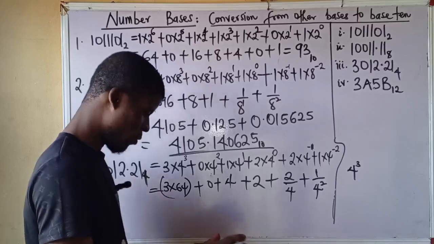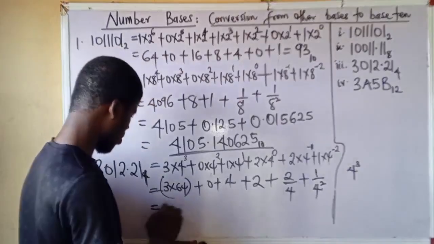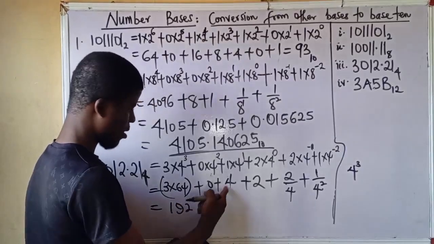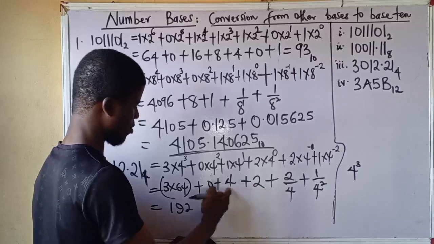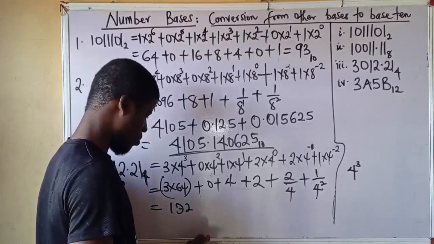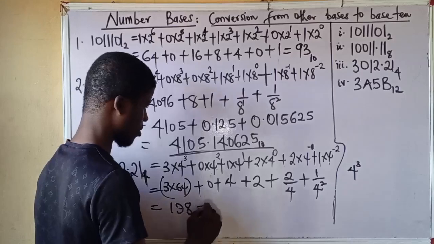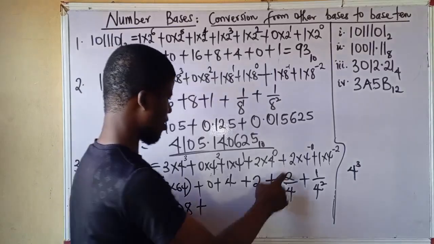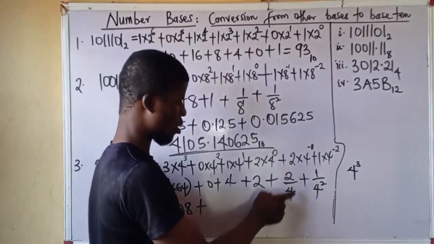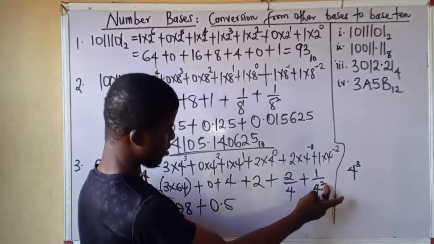3 times 64 is 192. Plus 4, this is 6, right? Okay, so if I just say 192 plus 6 is 198, right? So let me just say 198. 2 over 4 is 1 over 2, and that's 0.5. This is 1 over 16.